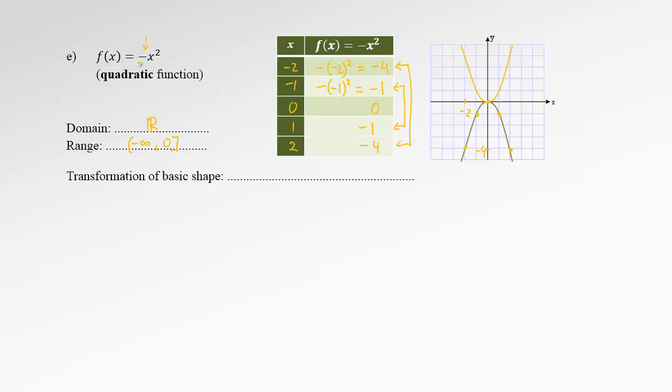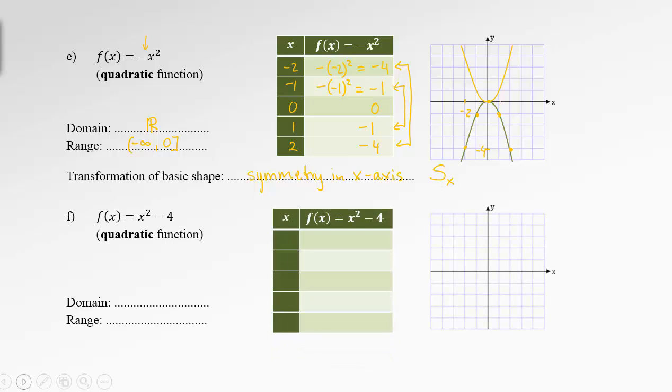So the transformation of the basic parabola needed to obtain the graph of -x squared is symmetry in x-axis. Sometimes, instead of writing this phrase, symmetry in x-axis, we may use a shorter sign, capital S with subindex x. That stands for symmetry in x-axis.